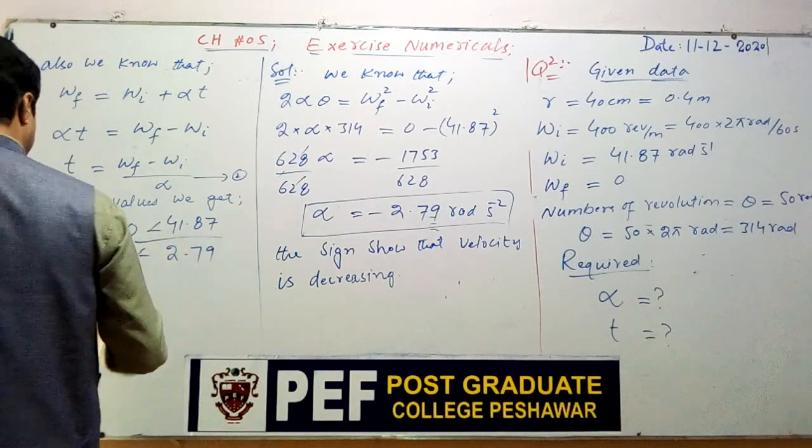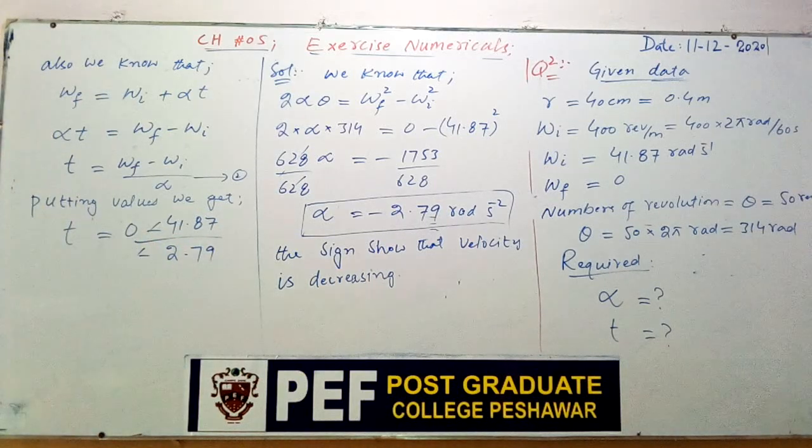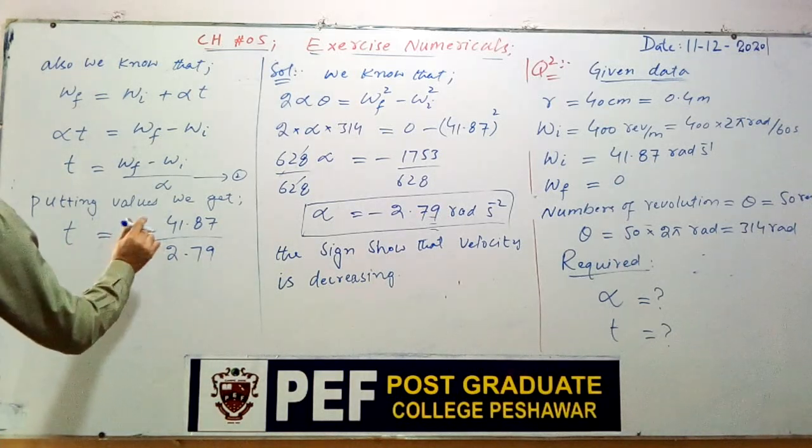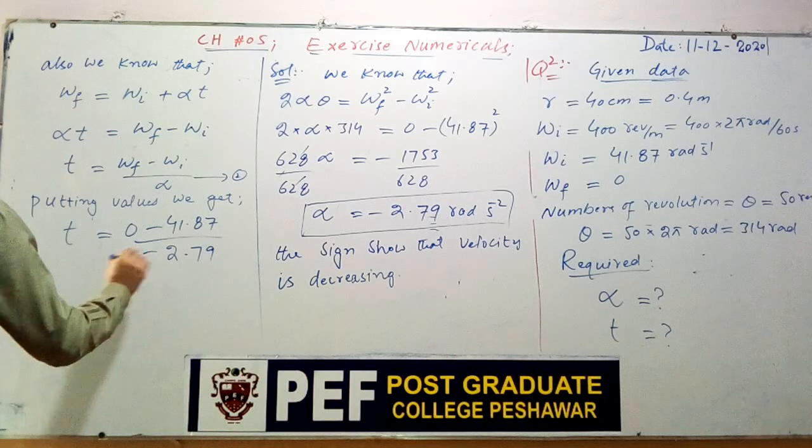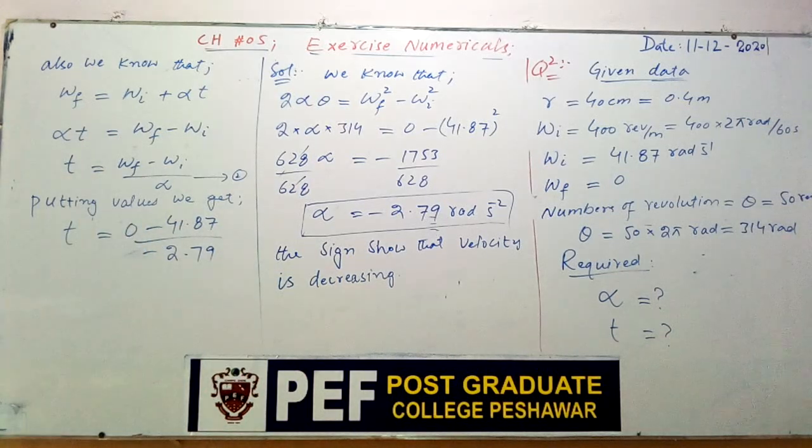This minus will cancel with this minus and we will get plus. So we get t is equal to minus 41.87 divided by minus 2.79, which is 15.0 seconds.